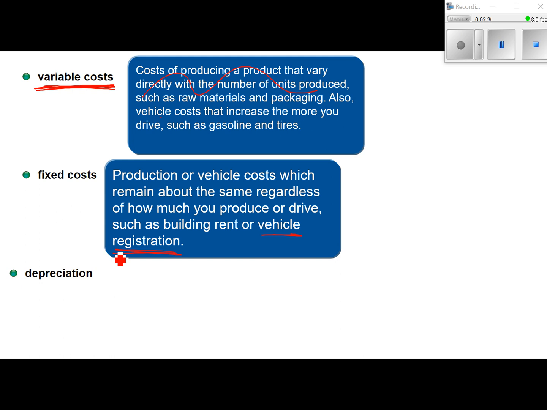Maybe your payment for your car, so your monthly payment that you pay on your car, insurance for your car usually stays about the same. It could go up or down depending on different things, but it usually stays about the same.